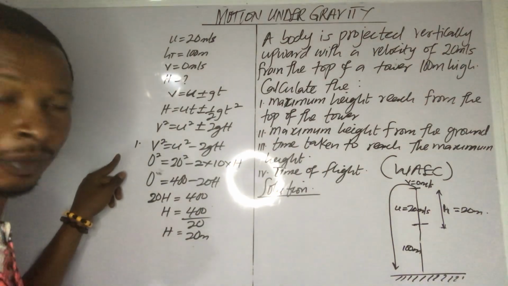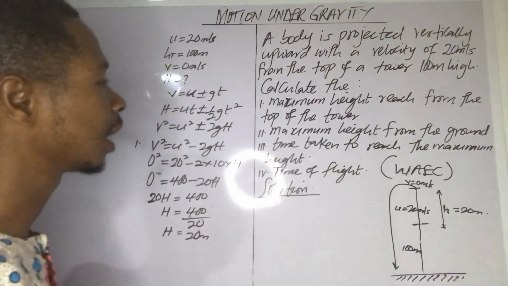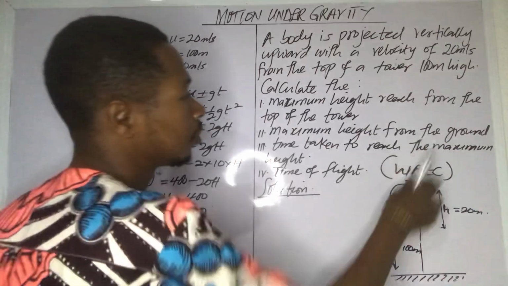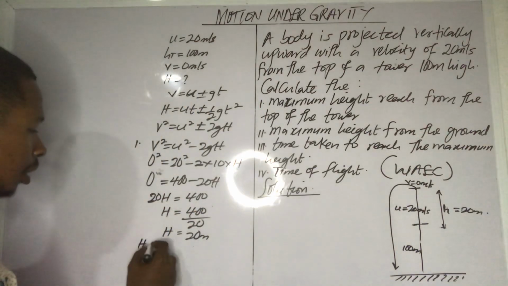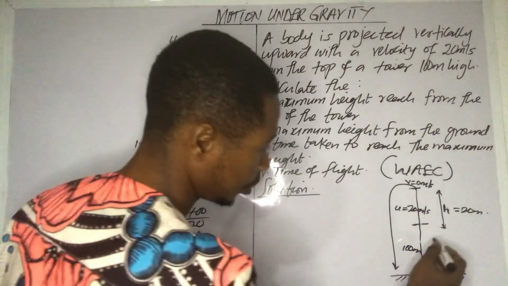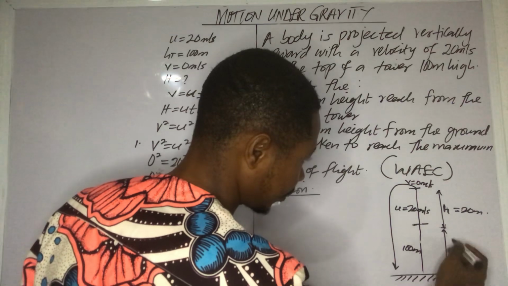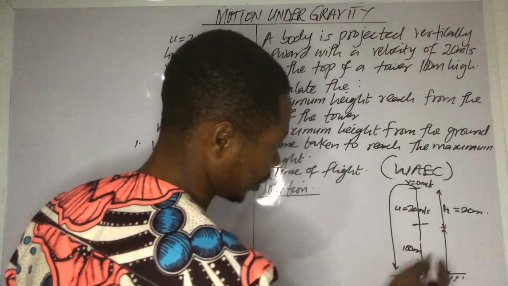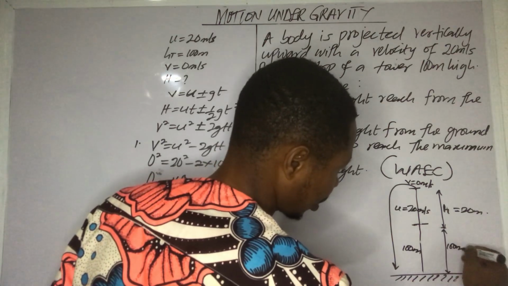Then the second one, they said we should find the maximum height reached from the ground. Let's say that is hg, and that hg is supposed to be from the ground level, everything from here to here. From here to here is 100, the height of the tower.